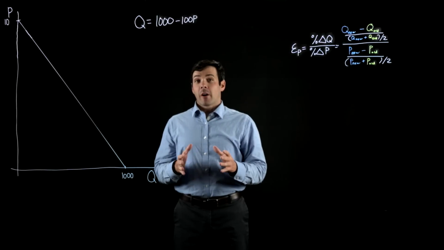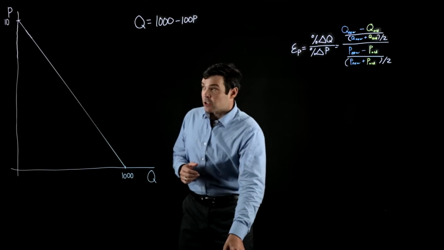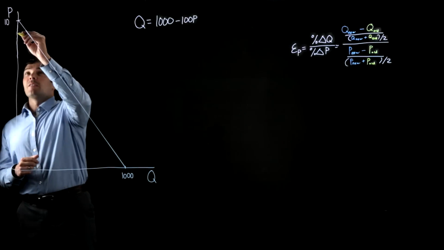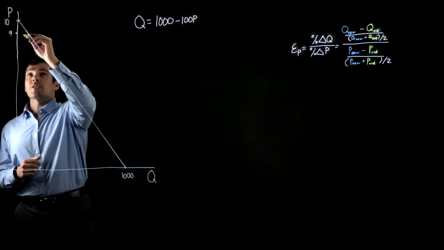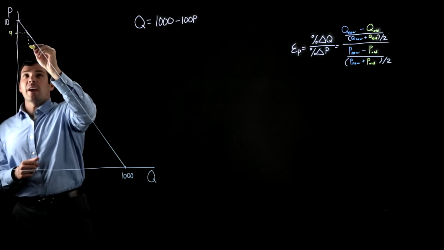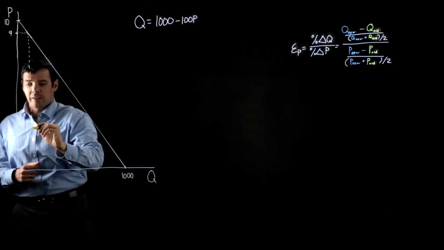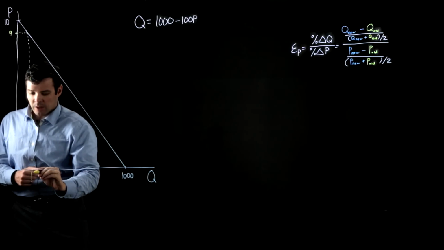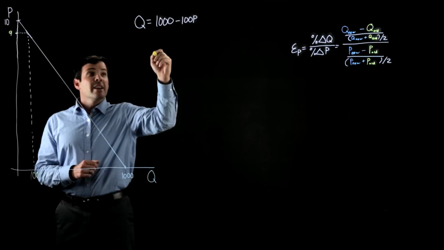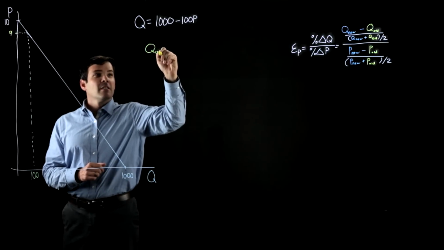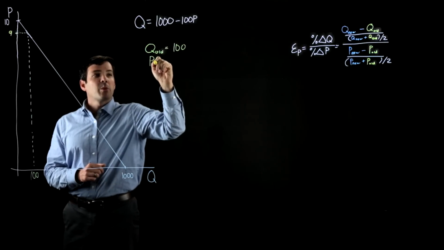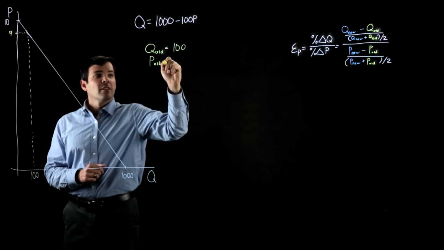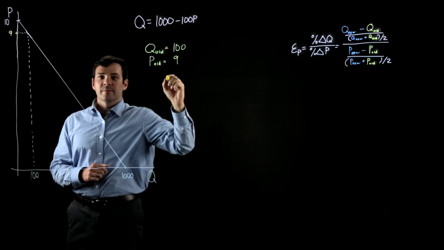So let's get back to our market demand curve for pizza and start up here with a price of 9. Now we know from our demand equation that at a price of 9, individuals will demand 100 units. So our initial quantity is 100, and our initial price is 9.